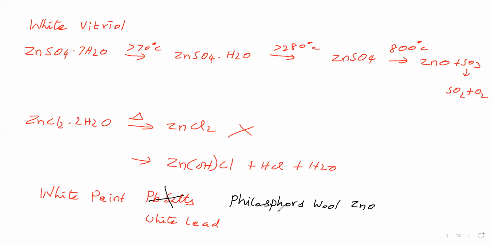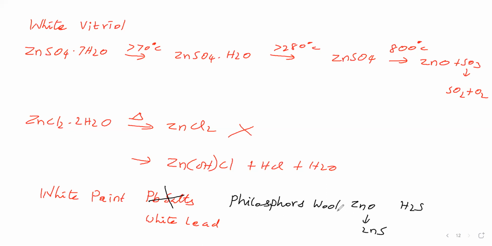It does not become black with H2S. With H2S, if it forms ZnS, ZnS is dirty white, not black. Another thing, zinc oxide is non-poisonous. Therefore, in white paints zinc oxide is used.